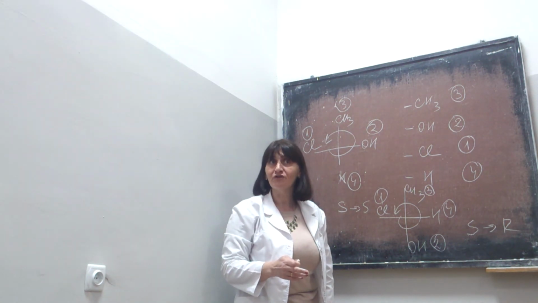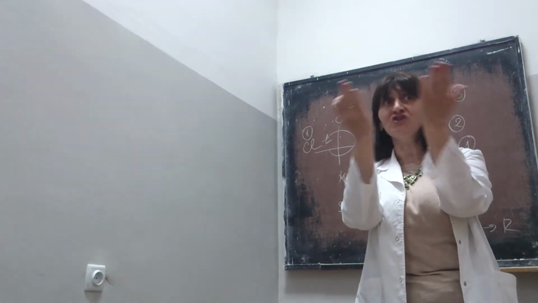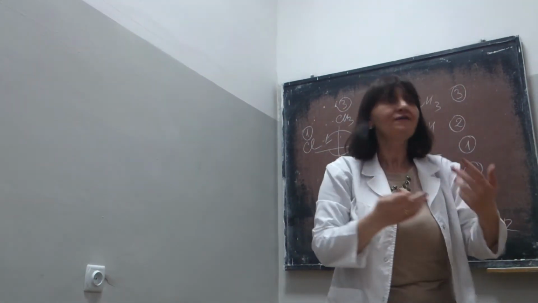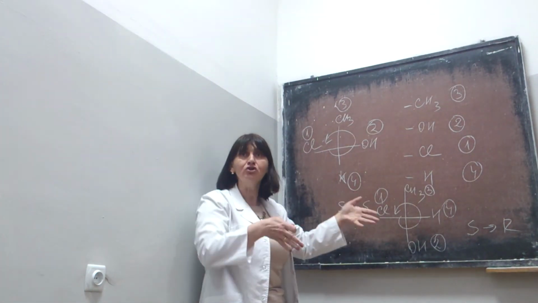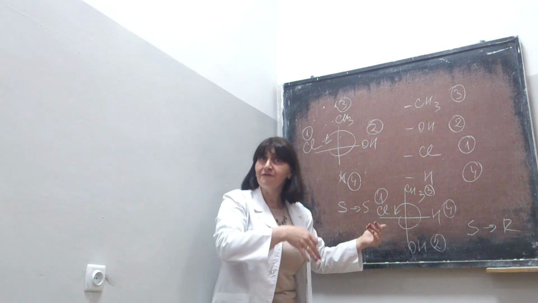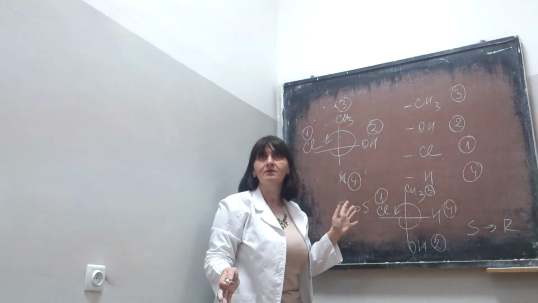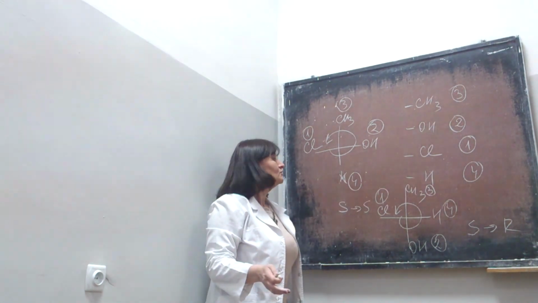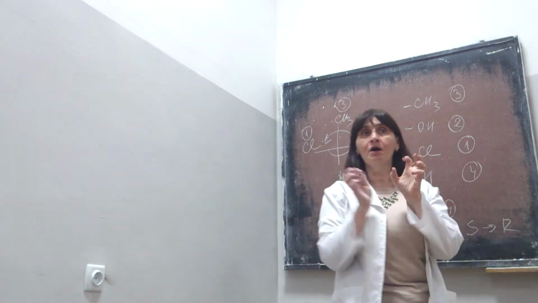It's easy when they are mirror images. But if you have this version, you have to determine the absolute configuration of this molecule. If you have S and R, they are enantiomers of each other. So now let's discuss more complex substituents.